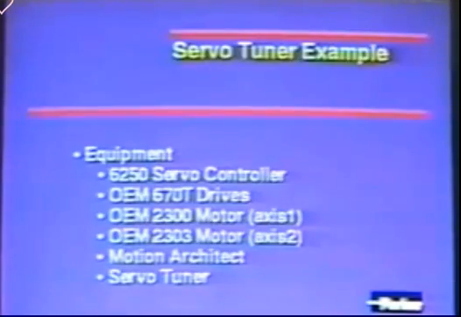ServoTuner example. Our equipment today will be a 6250 servo controller, two OEM 670T drives, an OEM 2300 motor for axis 1, an OEM 2303 motor for axis 2, Motion Architect and ServoTuner software.